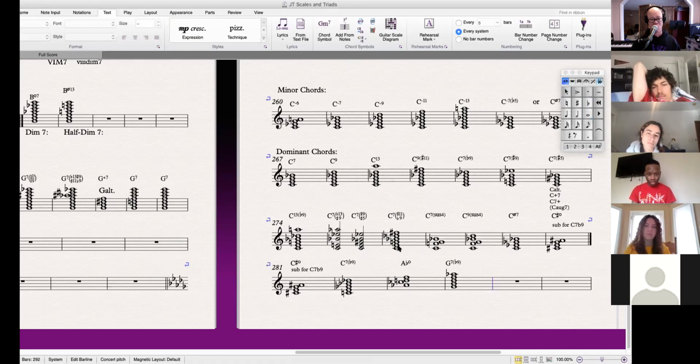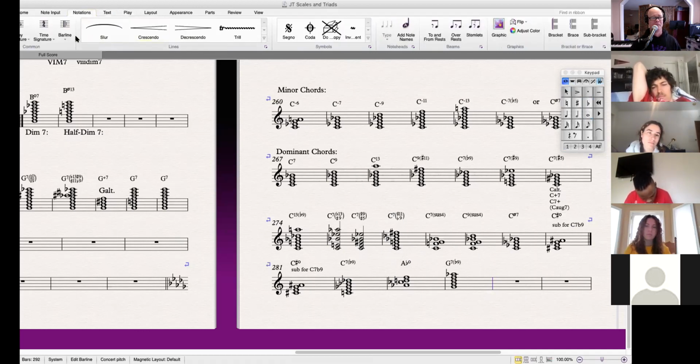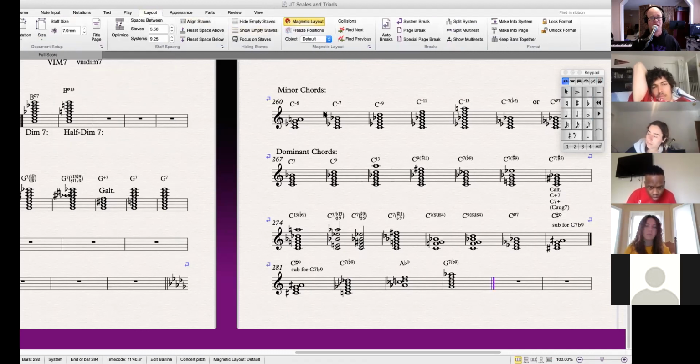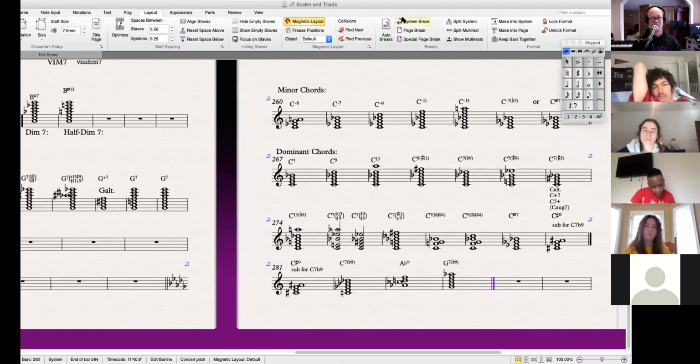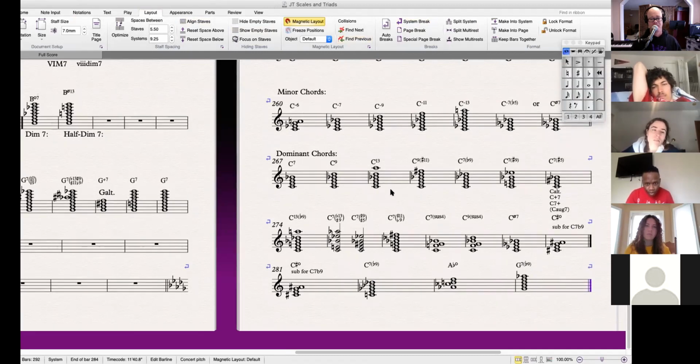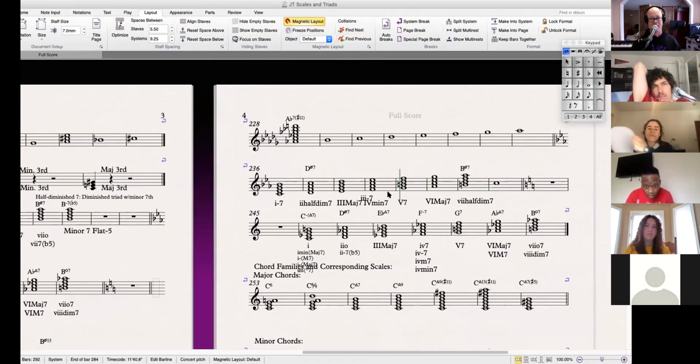It's not just the chord, because then there's no stepwise motion. It's pretty limiting. So we use scales that correspond to these chords that help us make more interesting melodies. And now we're going to get to that.